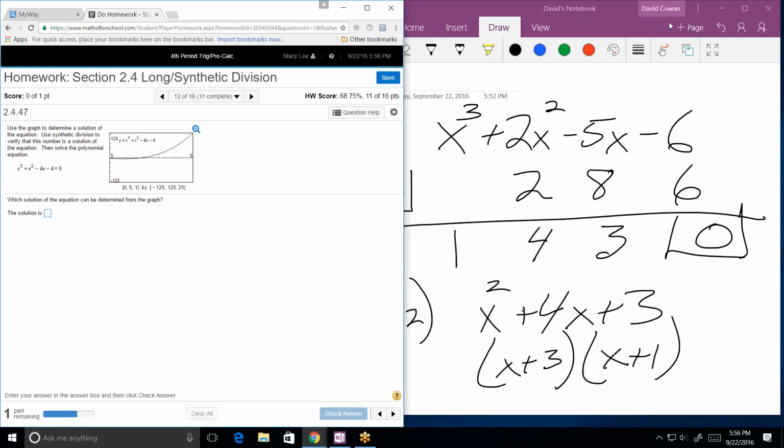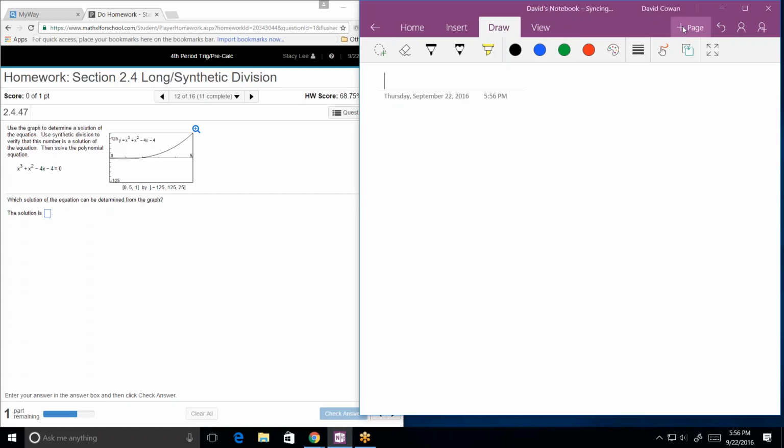So, the polynomial is x cubed plus x squared minus 4x minus 4. Now notice why I can solve that by grouping. The ratio of the coefficients of the first two terms is the same as the ratio of the coefficients of the last two terms.